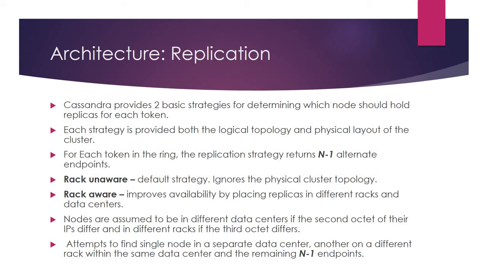That's rack unaware. The rack aware strategy attempts to improve availability by strategically placing replicas in different racks and data centers. That is, we use different racks and different data centers to store this data.